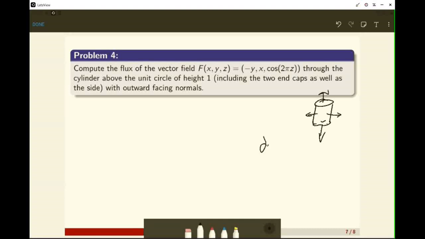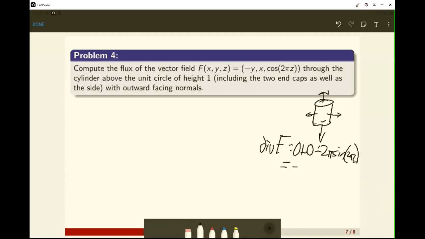And so if we look at what this divergence is, the x component doesn't depend on x, the y component doesn't depend on y, and the z component does depend on z. The derivative of cosine 2 pi z is going to be minus 2 pi sine of 2 pi z.